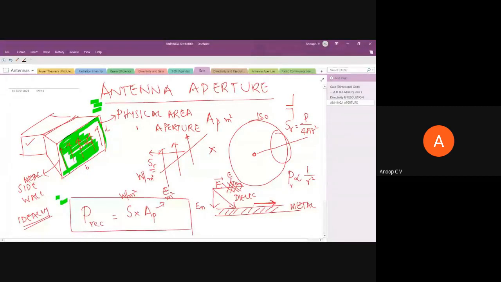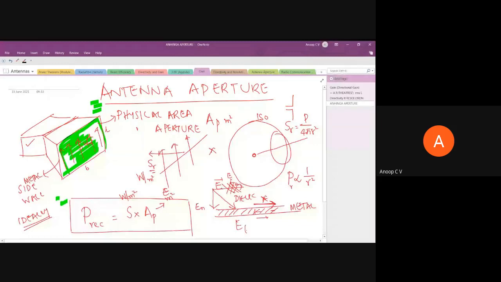Because if a component of electric field is parallel to this metal, it will cause a potential difference across this metal, and since metal has so many free electrons, there will be a current. This conductivity or current is so high that it will be dissipated as heat. This tangential component will die out, so E tangential will be zero at a metal dielectric boundary.